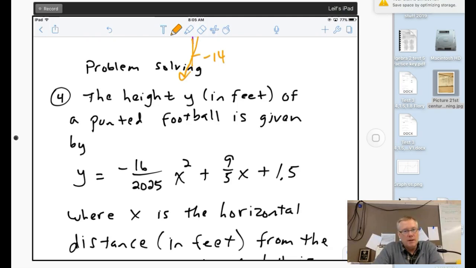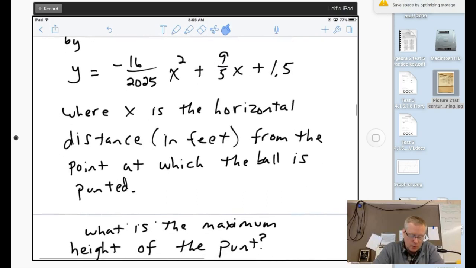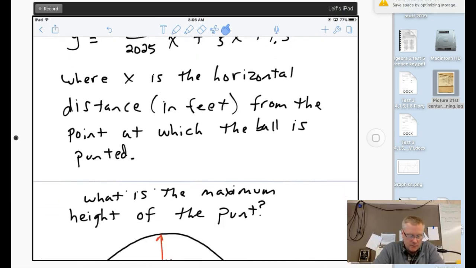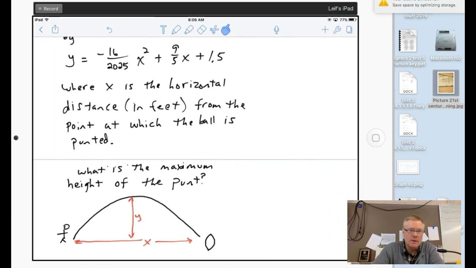So the height y in feet of a punted football is given by the equation y equals negative 16 over 225 x squared plus 9/5 x plus 1.5, where x is the horizontal distance in feet from the point at which the ball is punted. What is the maximum height of the punt? So you can see I never got an A in art, and you can probably see why.